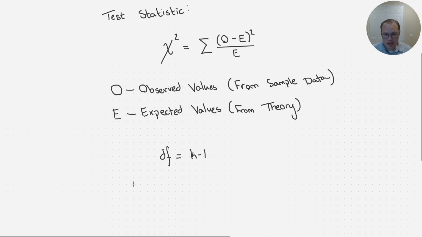In this case, k is the number of categories in the distribution. So if you're rolling a 6-sided die, then you have 6 categories, 1, 2, 3, 4, 5, 6. So your degrees of freedom would be 5.